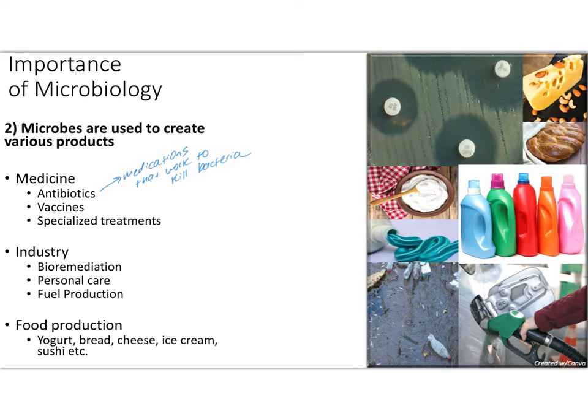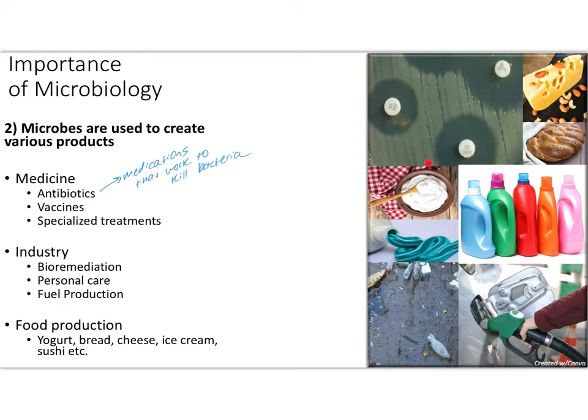And they were discovered in kind of the 1920s, roughly, by a scientist named Alexander Fleming. We'll talk about him more later, so don't worry about his name right now. But basically, what he discovered was that certain types of fungi and certain types of bacteria produced chemicals that killed or inhibited the growth of other microbes.